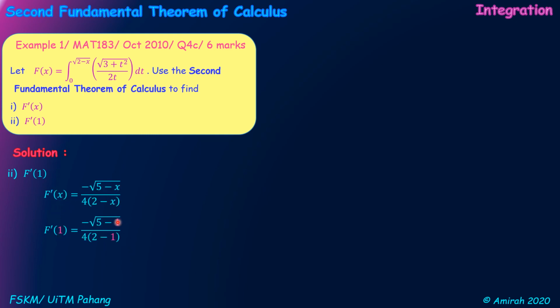So after we simplify, we get negative square root of 4 over 4, and then negative 2 over 4, which equals negative 1 over 2. This is the answer for f prime 1.